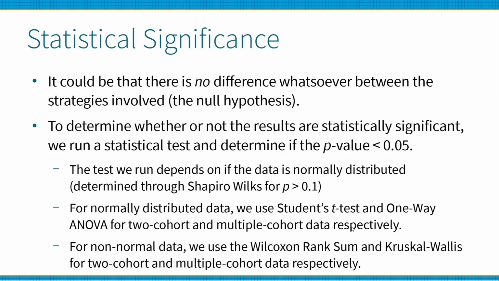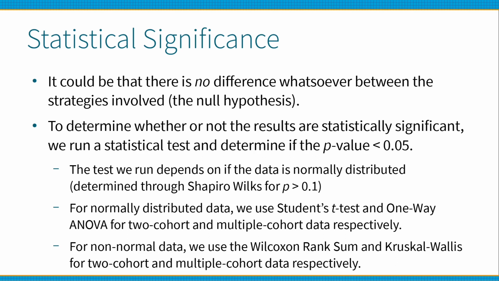Now, as far as statistical significance is concerned, it may be that none of the strategies are really that different from each other, and you can do whatever you want. In order to determine this, we will use statistical significance via hypothesis testing. We have a value called alpha, and our statistical test will give us something called a p-value.